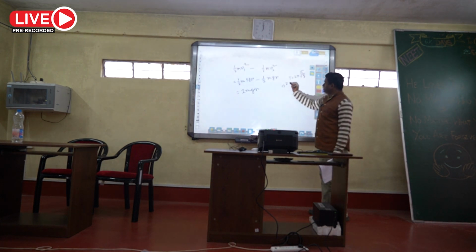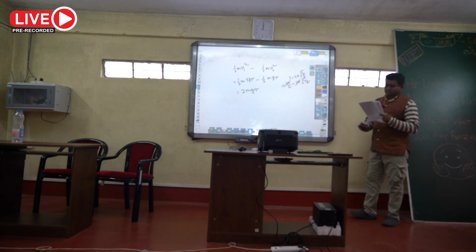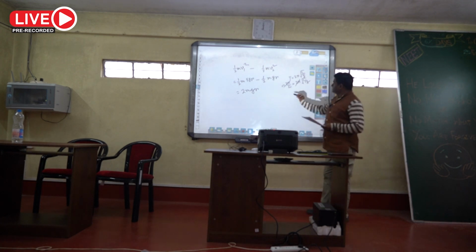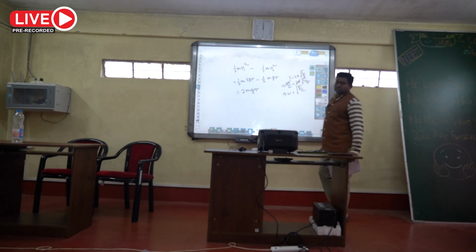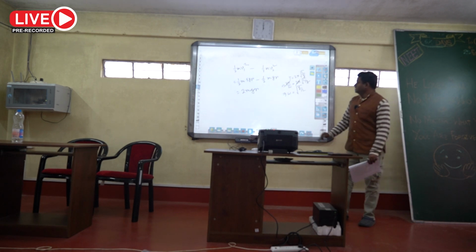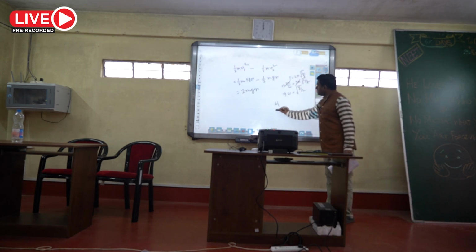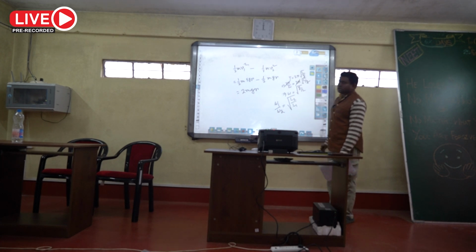T equal to 2 pi by omega. 2 pi cancel. So we can see that omega equal to root over of g by L. So these are inversely proportional. So I can write omega 1 by omega 2 equal to root over of L2 by L1, and now calculate.